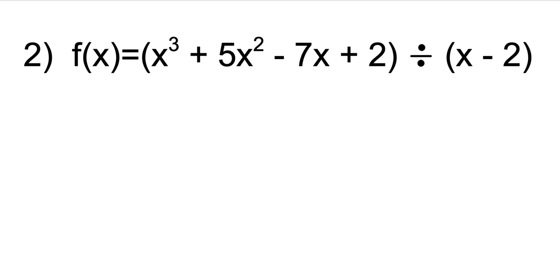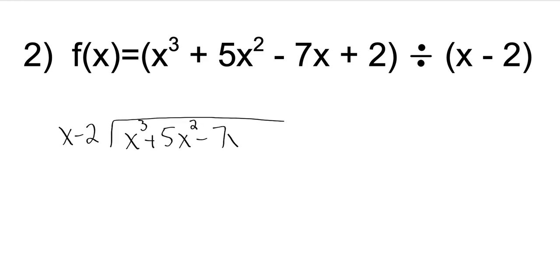So it's a 4-term polynomial divided by a binomial. So x minus 2 is on the outside. And then we have x to the third plus 5x squared minus 7x plus 2. So begin the process. We look at the front two terms. So x to the third divided by x, that tells me what my first term up top is, which is x squared.